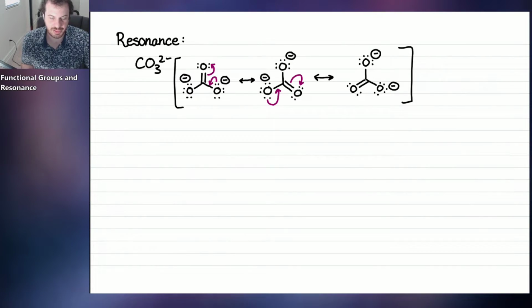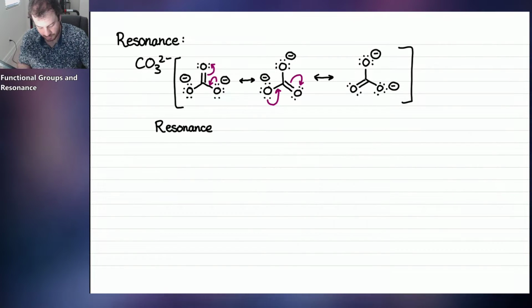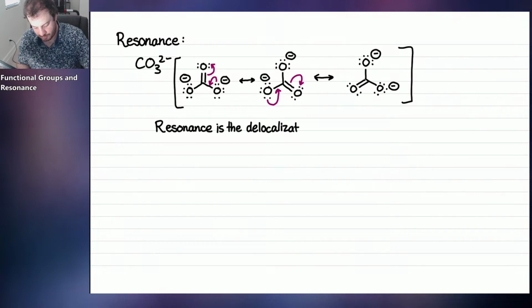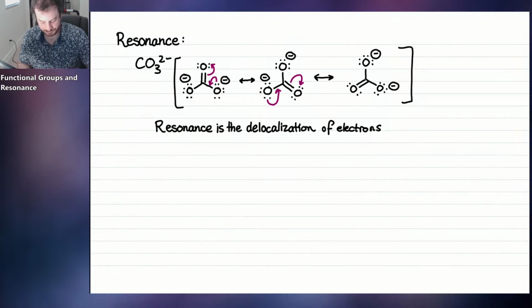All right, so what's interesting to note here is that resonance is the delocalization of electrons and it's stabilizing. So we'll just say that. Resonance is the delocalization of electrons, and it's stabilizing.